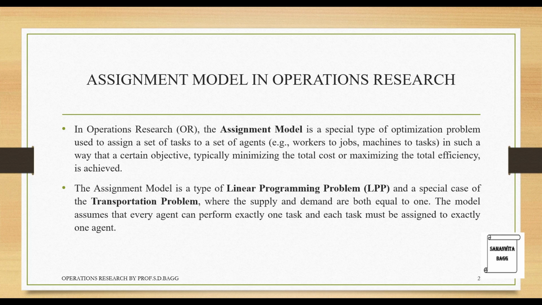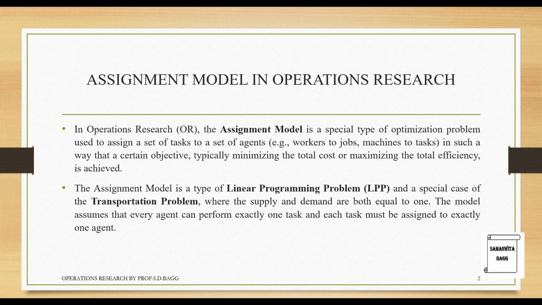The model assumes that every agent can perform exactly one task and each task must be assigned to exactly one agent. So we are talking about the assignment model in operations research. We will talk about the transportation problem next, where the supply may not be equal to demand, but here the supply and demand are going to be equal, or rather the number of workers and the jobs to be assigned would be equal, or the number of machines to which you have to assign a task will be equal to each other.